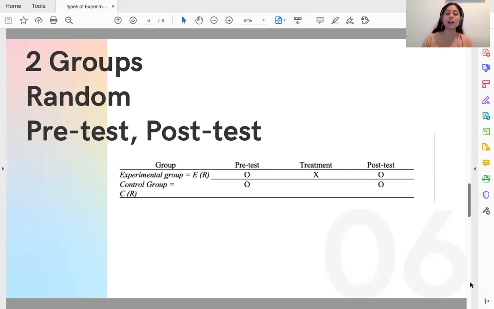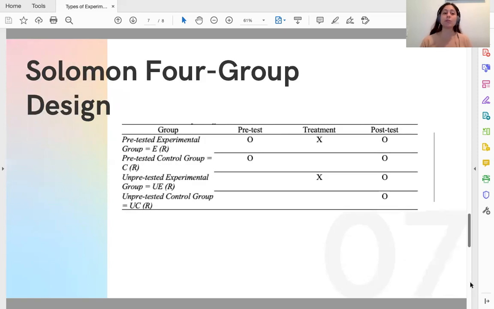So that's taken into account in the Solomon 4-group design, where we introduce 2 more groups for the first time, 2 of which do not receive any pre-test. What's unique about this one is that 2 groups are getting the treatment. So you have the experimental group that's pre-tested and gets the treatment, and then you have another experimental group that's not pre-tested and gets the treatment.